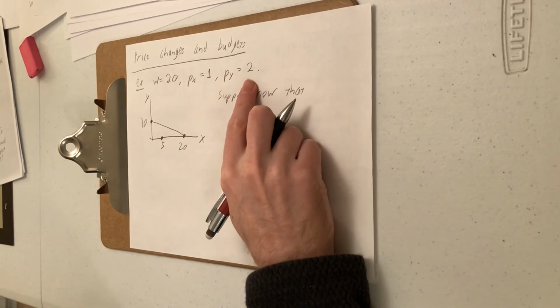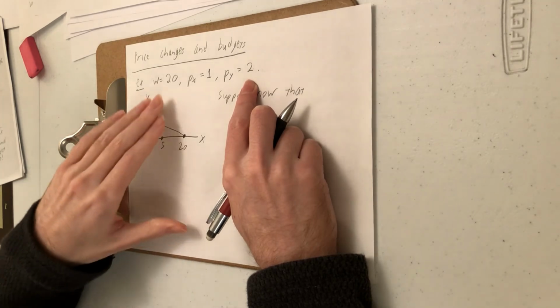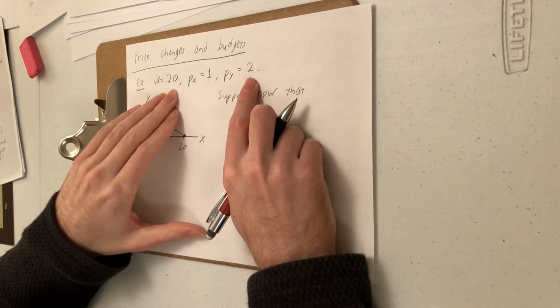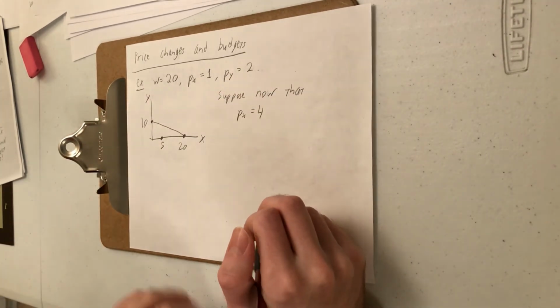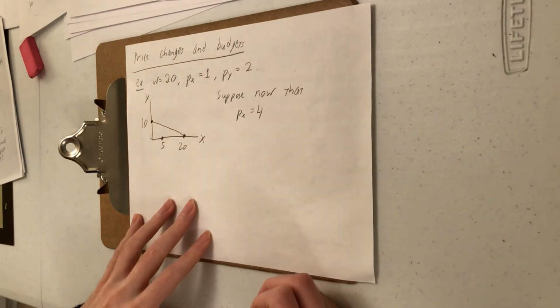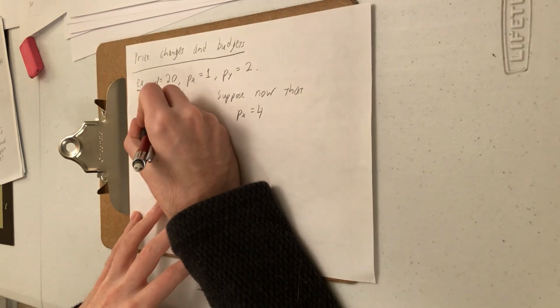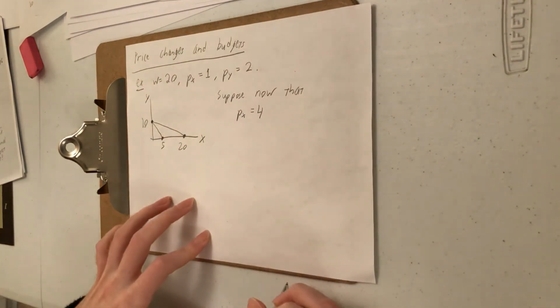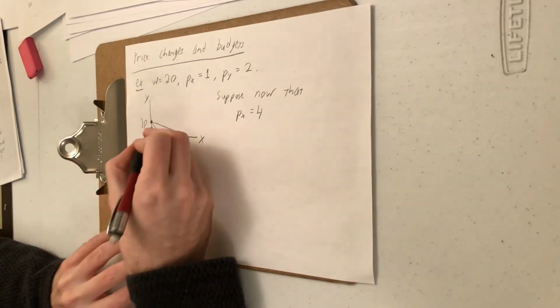Well, the price of Y is still 2. If I had $20 and the price of Y is 2, I can still afford 10 units of Y. So that point is going to be unchanged. So your new budget line is going to be this one back here.